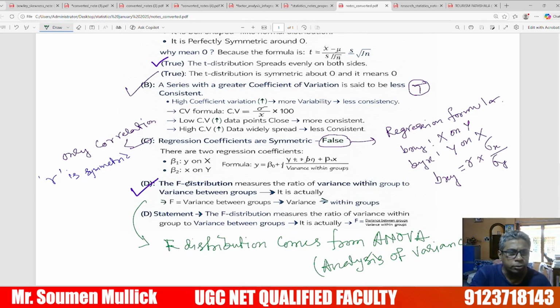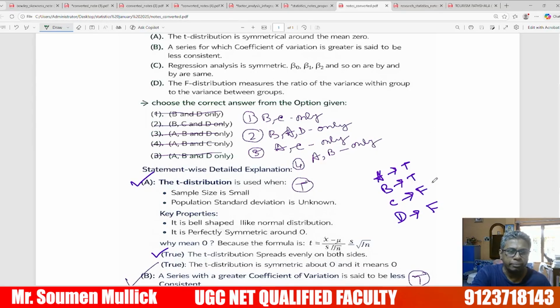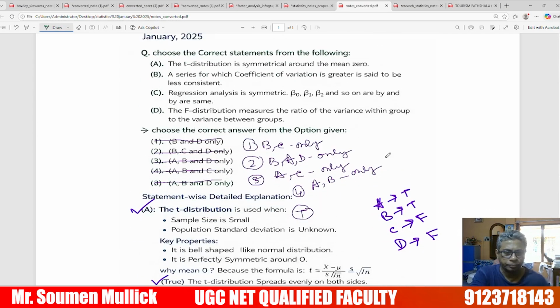This is also not correct because the F distribution comes from ANOVA, analysis of variance. The F formula is variance between the groups by variance within the groups. So statement A is true, B is true, C false, D false. The correct option number 4, A and B only, is correct.